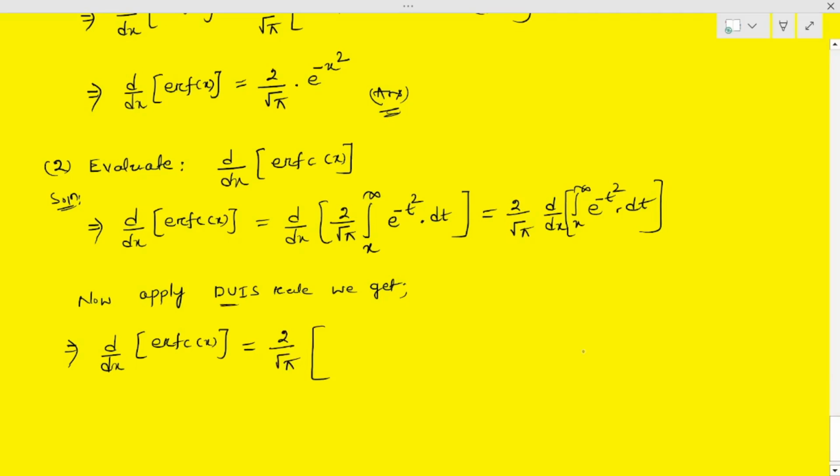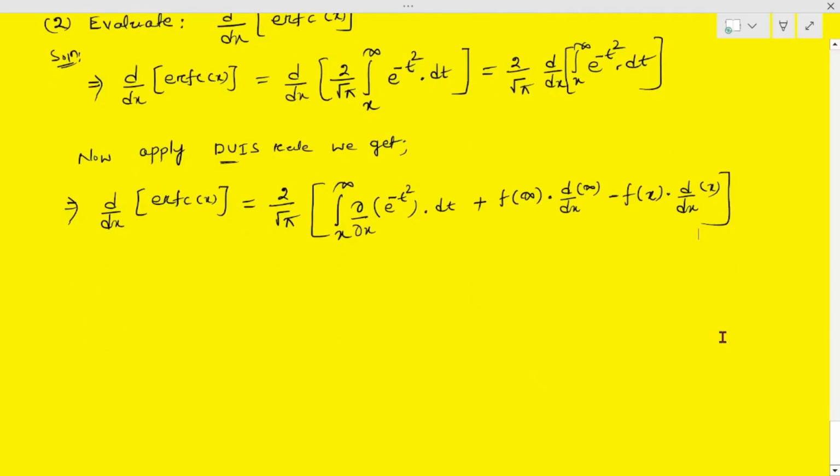If we apply DUIS here, then this will be the integration limits x to infinity, then del by del x of e to the minus t square dt plus f of the higher limit, infinity, into d by dx of the higher limit, infinity, minus f of the lower limit, x, into d by dx of the lower limit, that is x.